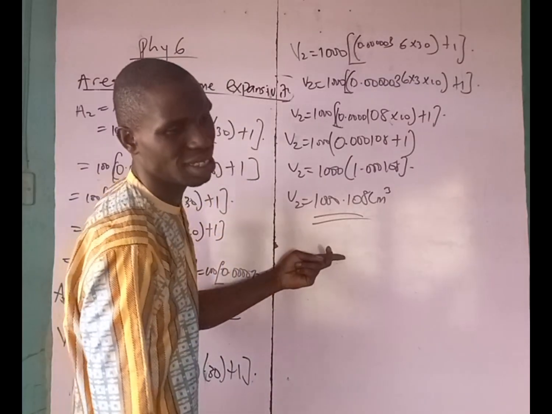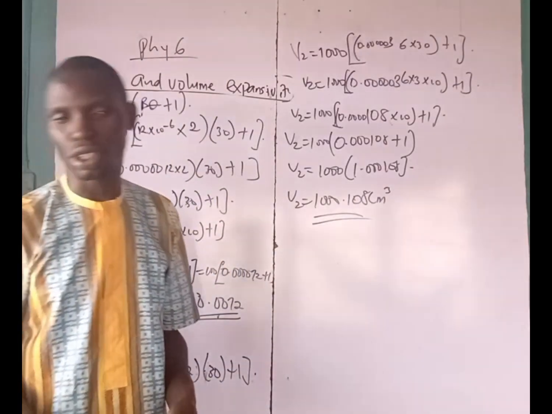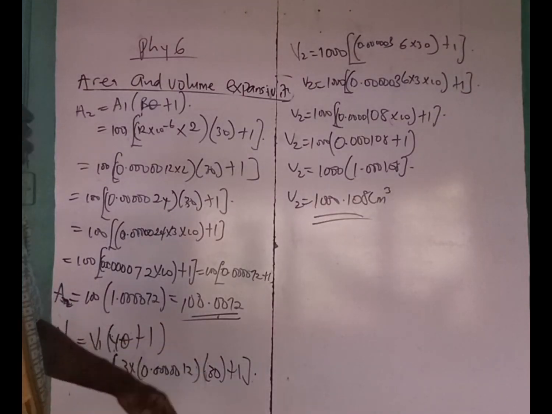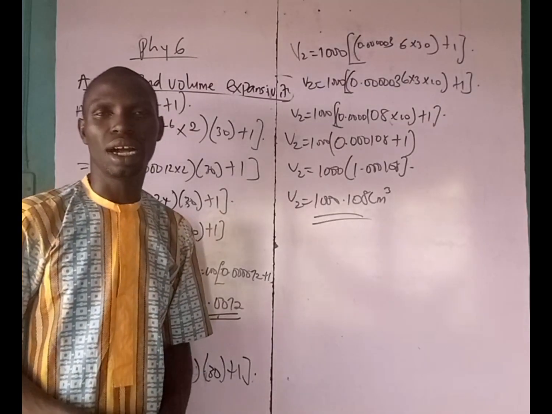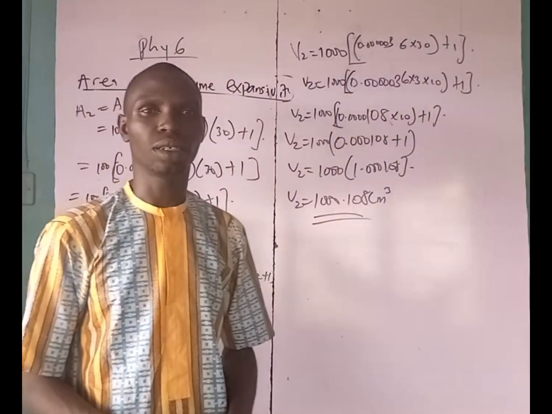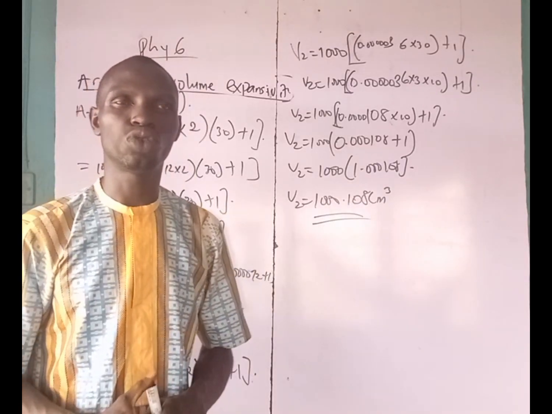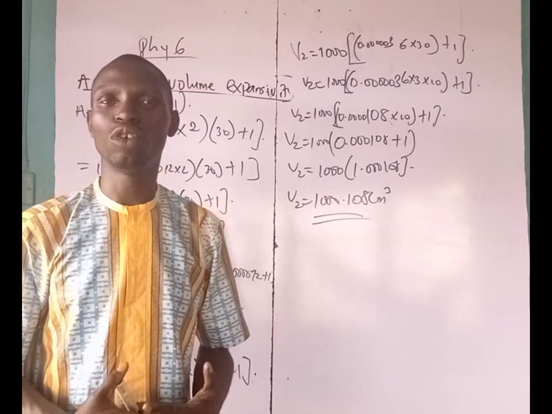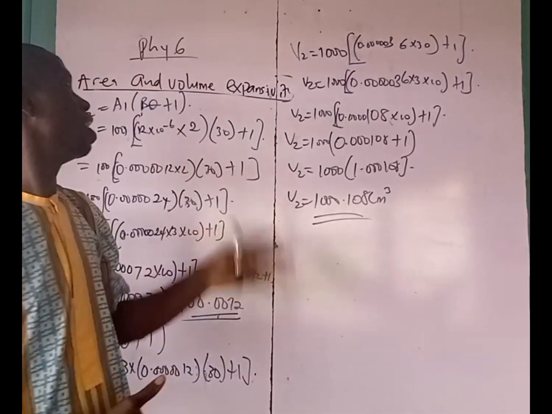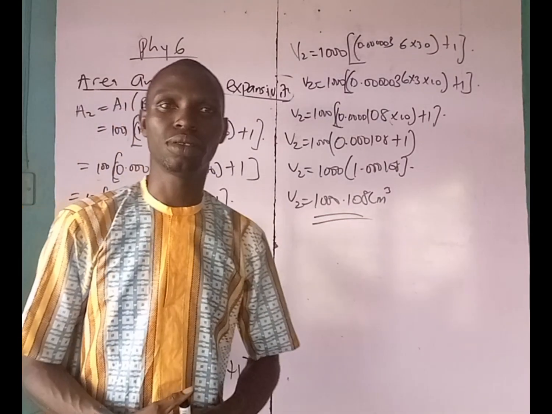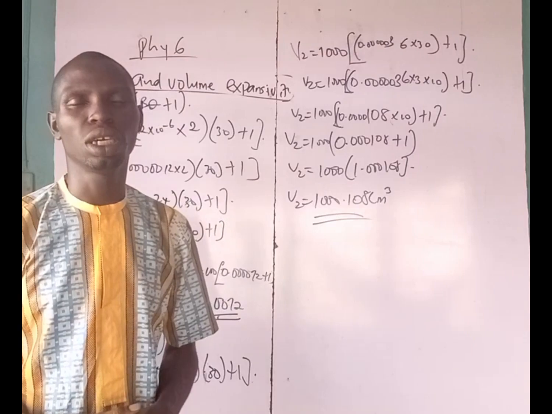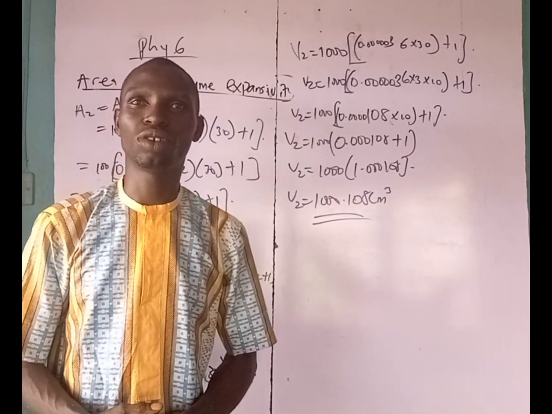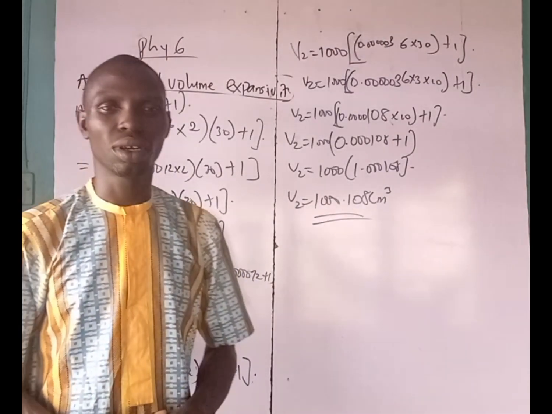So this is the answer for this volume. This is the answer for the second area. I hope you understand everything we've done so far. So far so good. We've been able to see how to calculate the area and volume expansivity. We've also been able to see linear expansivity. Thank you very much. See you in the next video. God bless you.